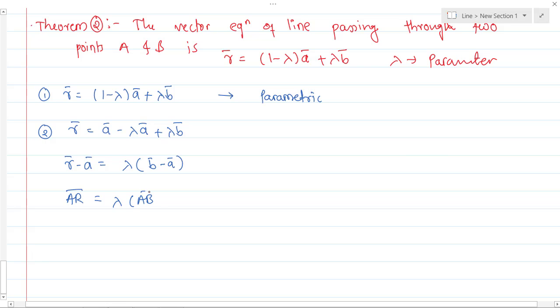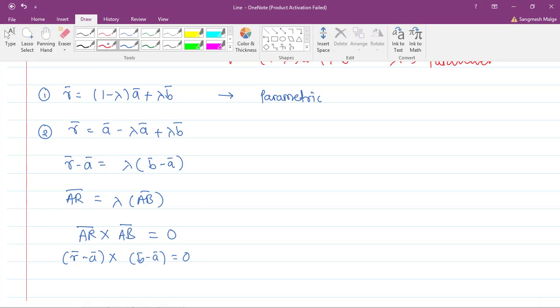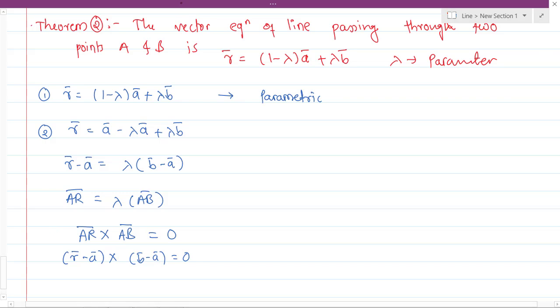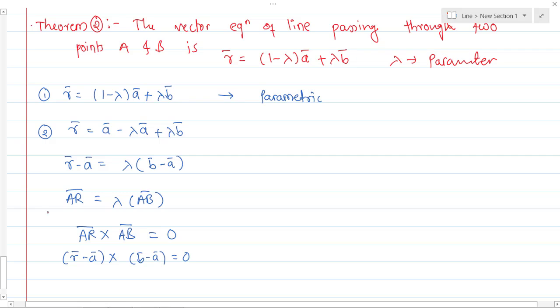The same thing we are getting, means these two vectors are collinear vectors, and you know that the cross product of collinear vectors is always equals to 0. So you can write in this way, or you can open these brackets, (r bar minus a bar) cross (b bar minus a bar) is always equals to 0. And this is the non-parametric equation of the line.